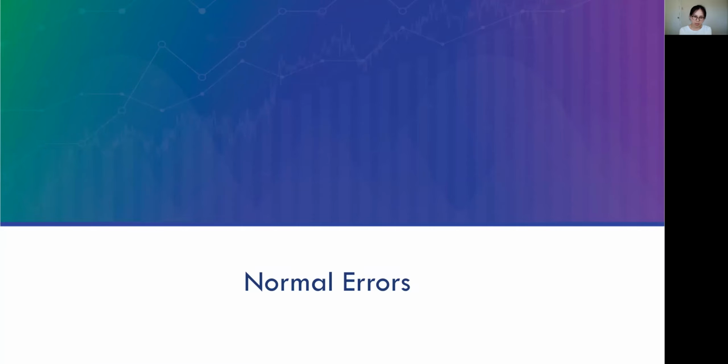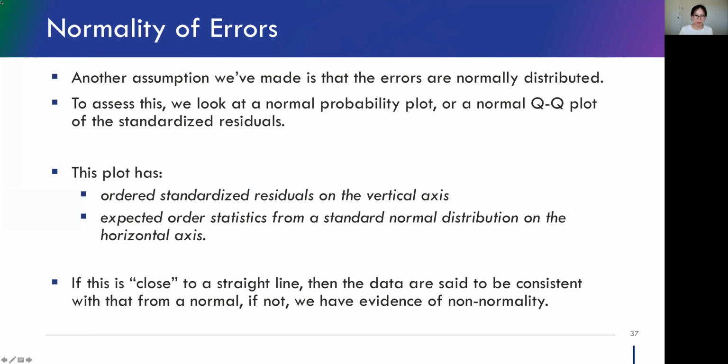Another thing to check is the assumption that we made that errors are normally distributed. We check the normality of the error as that's one of our assumptions for simple linear regression.